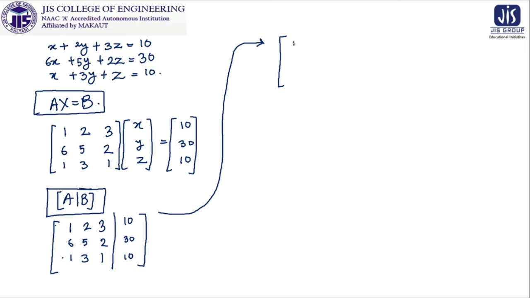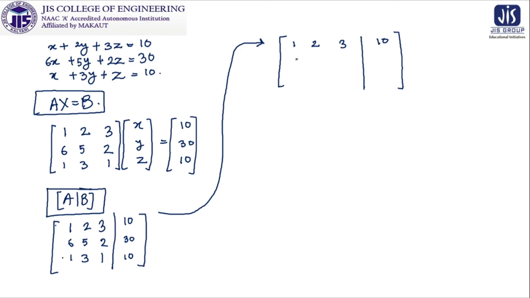We are not going to change the first row, so 1 2 3 along with 10 will be there. After that, for the second row, as per the requirement of the echelon form, we need at least one 0 over here, so that in the downwards direction the number of zeros is increasing.